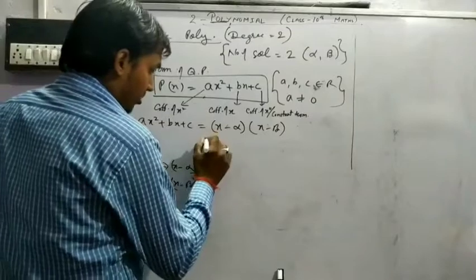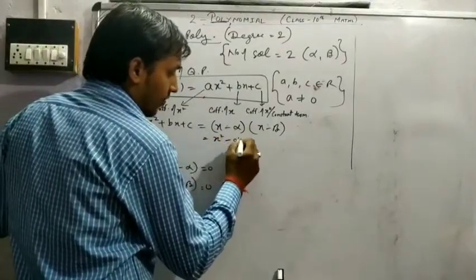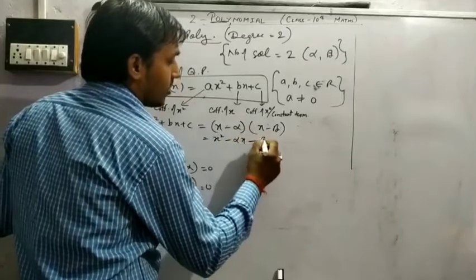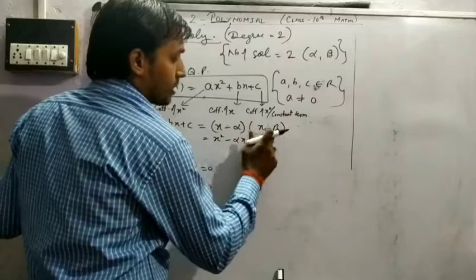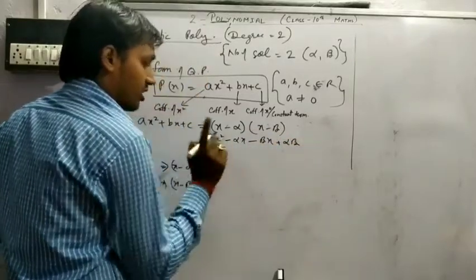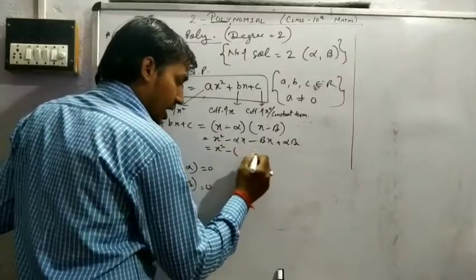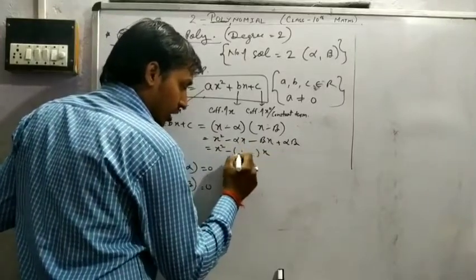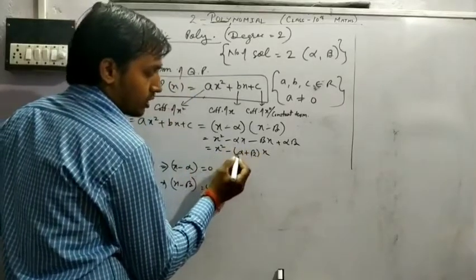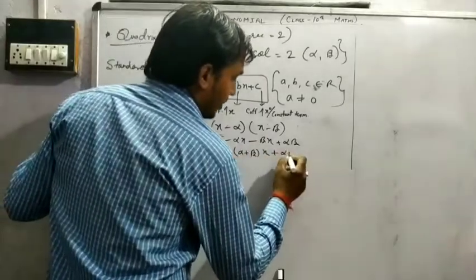What do you get when you open the bracket? x square minus alpha x minus beta x plus alpha beta. x square is a single term, x has two terms, and here minus x is common, so you get alpha plus beta, because minus is common, so minus, and here plus alpha beta, same as before.